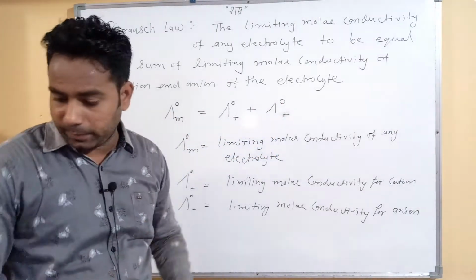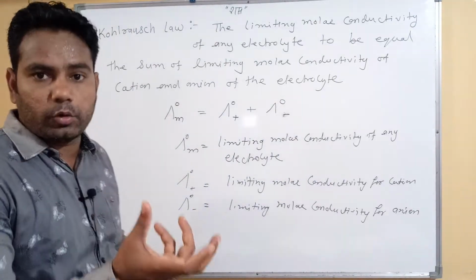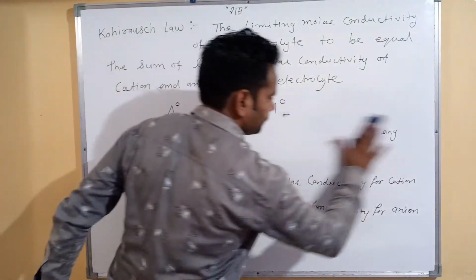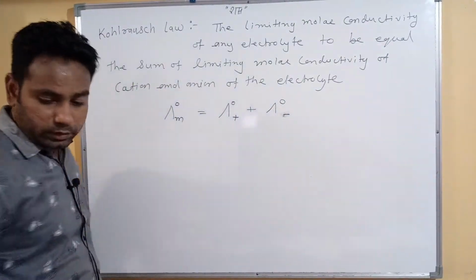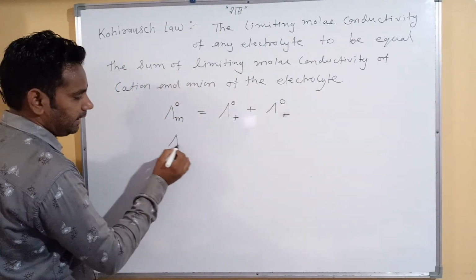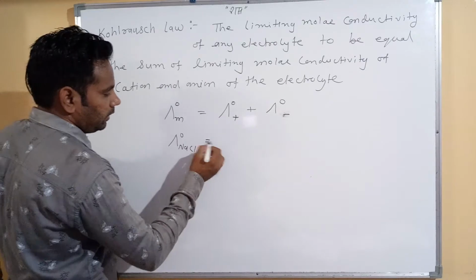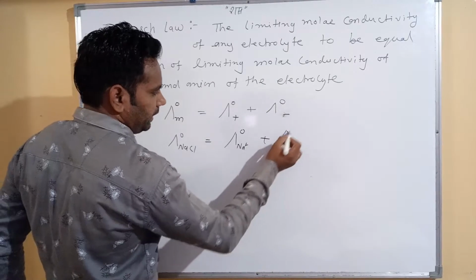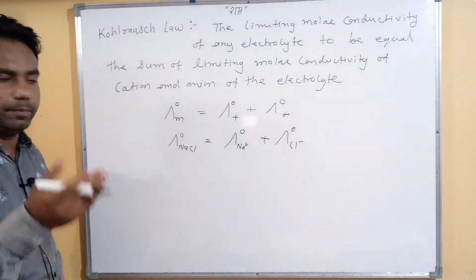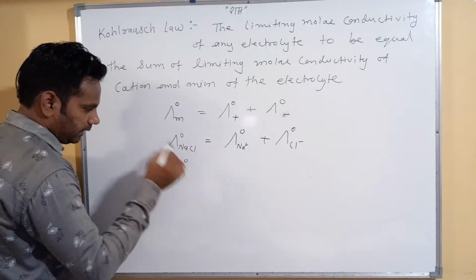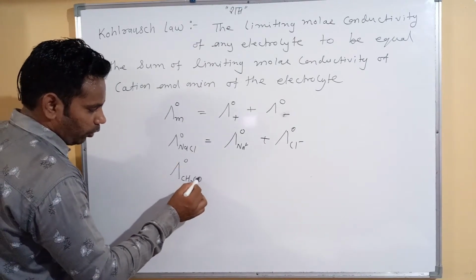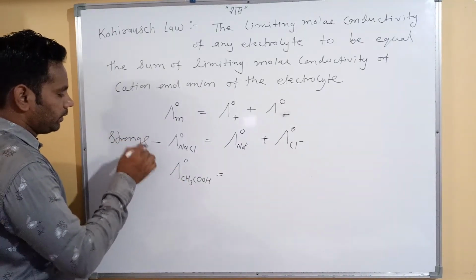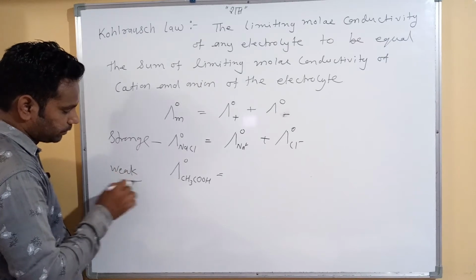Okay, again we take some examples like that. We know some electrolytes: NaCl, CH3COOH, etc. So Kohlrausch's law for the NaCl electrolyte is the limiting molar conductivity of Na+ ions plus the limiting molar conductivity of Cl- ions. Then CH3COOH is a weak electrolyte. NaCl is a strong electrolyte and this is a weak electrolyte.